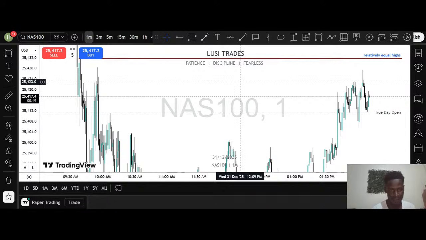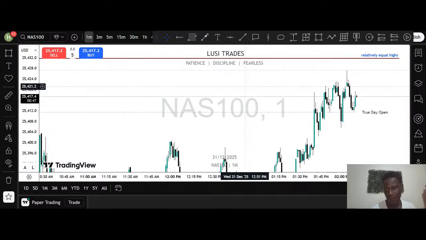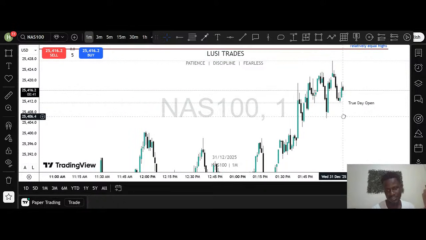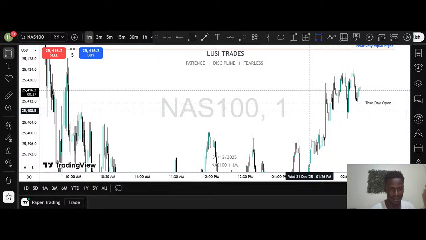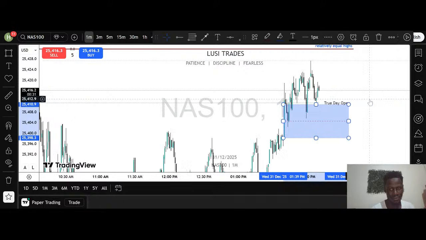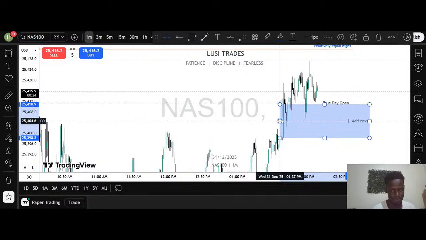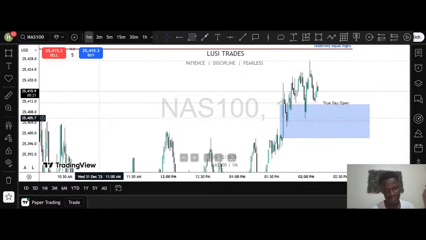So that's what we are waiting for, because right now price is doing this, and what I'm interested in is this BC. Because right now it's still holding price from going higher, so I'm interested to see how price will react to this. So how price will react to that, I'm interested.